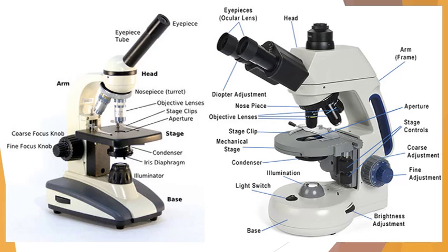The major things necessary for a microscope are light, lens, and a specimen. These three things are the necessary requisition of a microscope for the study of microorganisms.